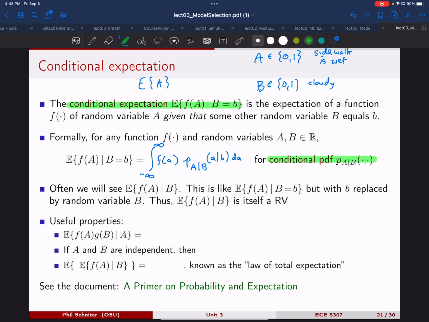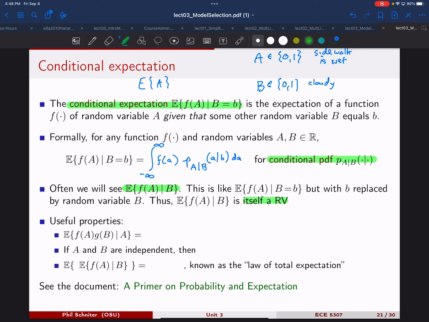So you might just have the expected value of f(A) given B, where B is now not the specific little b, which is deterministic, it's actually the random B itself. So it's just like the original concept, but the little b is random. That's the way I would describe it. And this is itself now going to be a random variable.